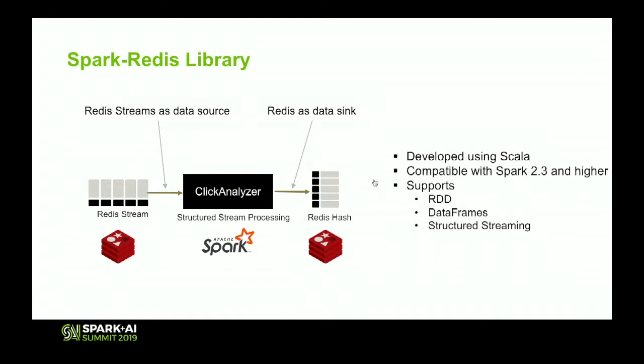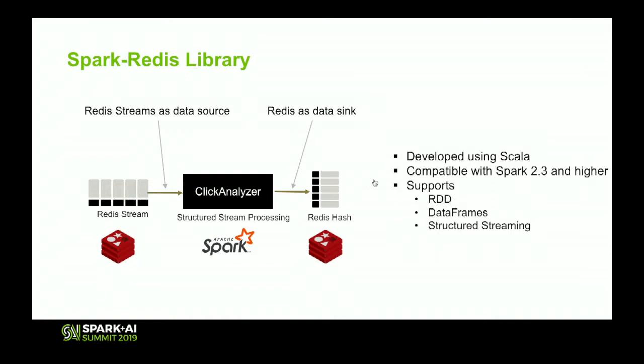So Redis Labs sponsors Spark Redis project, and this is available on GitHub. So you can just Google Spark Redis Library, and you will see. It is all written in Scala, and it is compatible with Spark 2.3 and higher. It's also compatible with 2.4. I'm running on 2.4, so it is compatible with 2.4.